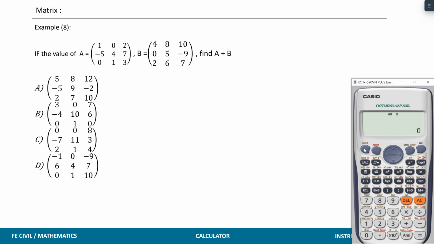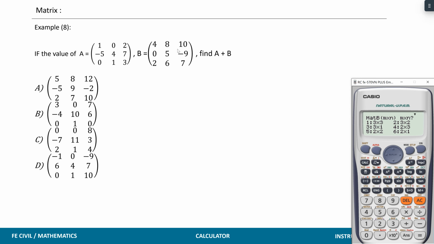and then we're going to move to Shift plus matrix, which is number 4, and then we're going to start filling in the matrix B. Shift matrix data and matrix B, which is number 2.